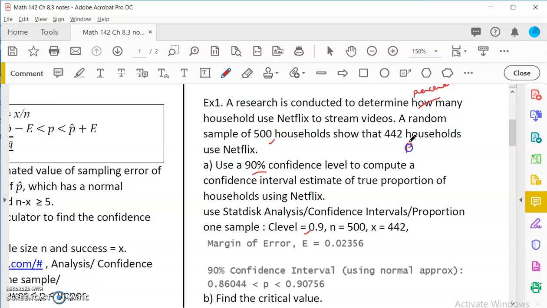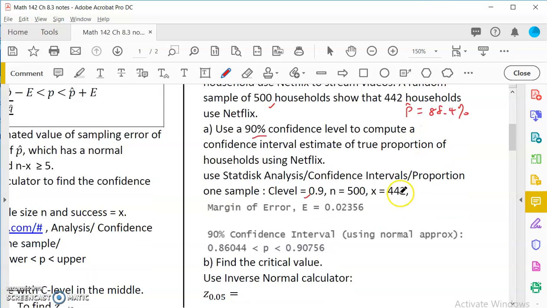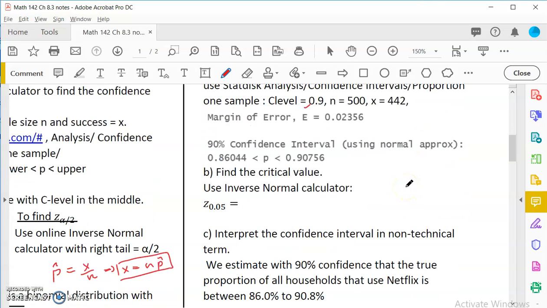So we can say p-hat is 88.4%, because it's 0.884. But the real proportion of the whole population could be as low as 86% and as high as 90% because the margin of error is 2.3%.